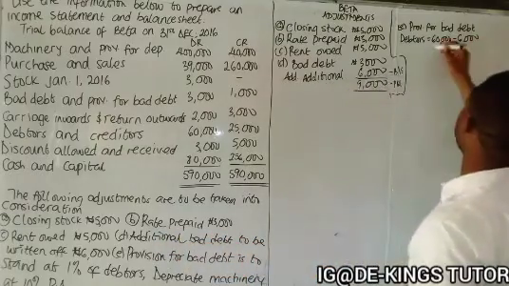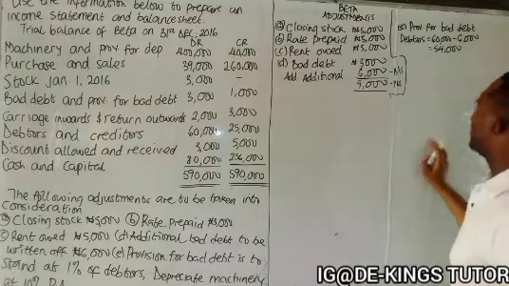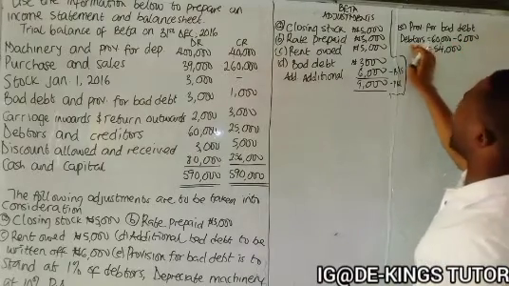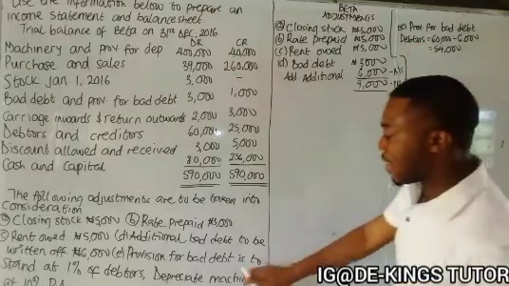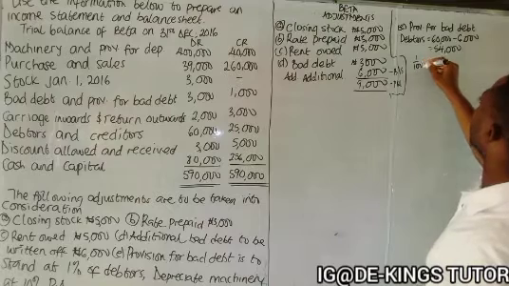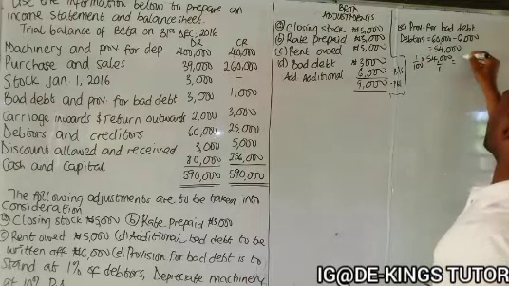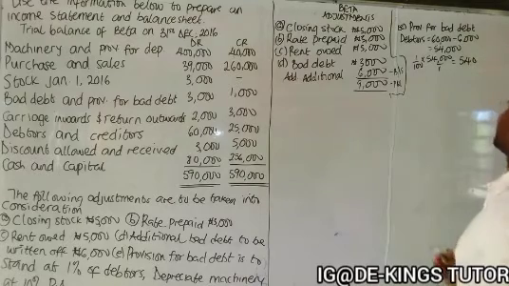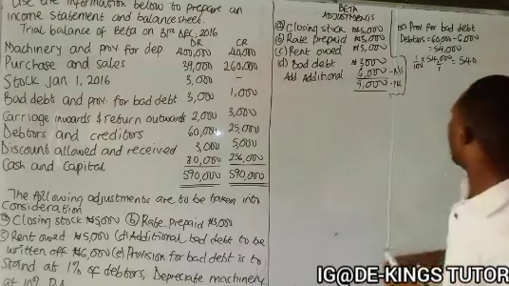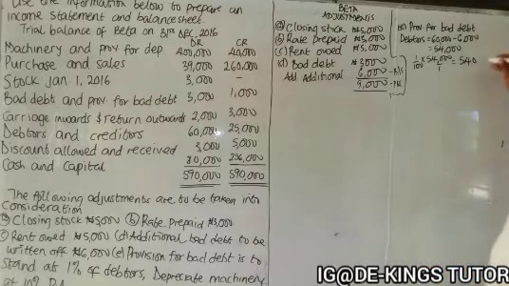So 60,000 minus 6,000 gives us 54,000. That's the actual debtors figure that we will calculate this 1% on. So we have 1/100 times 54,000, which gives us 540. Now this 540 is the new provision.